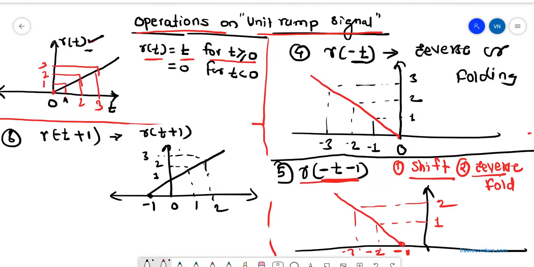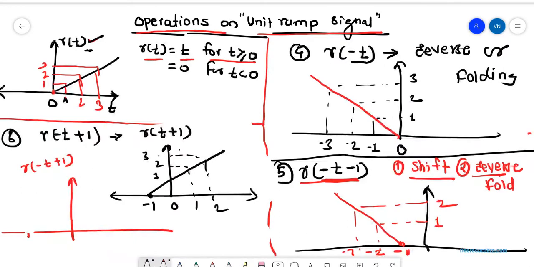Then we have to reverse that signal. How can we reverse it? Simply I have to reverse the signal, so here that signal will be reversed, r of minus t plus 1. Simply you have to draw the reverse.